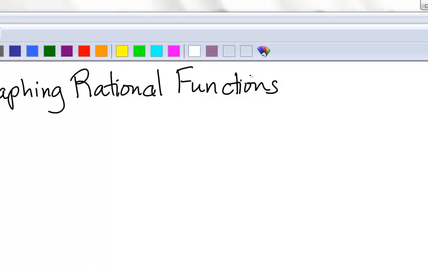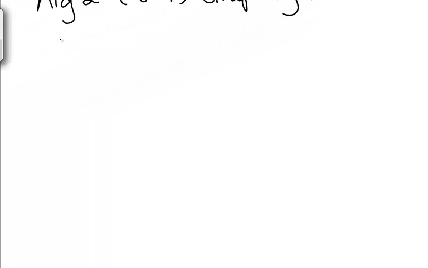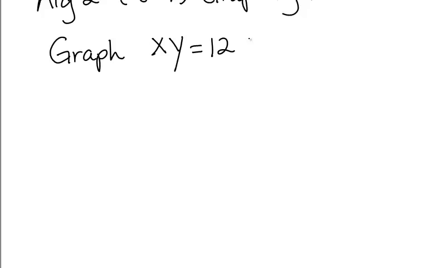Normally the rational functions will have a variable down in the denominator. But I do think it's important that you understand what the graph of an equation like this is. If you have x times y equals a number, that will always graph a hyperbola.